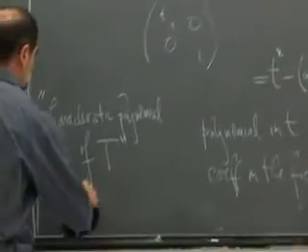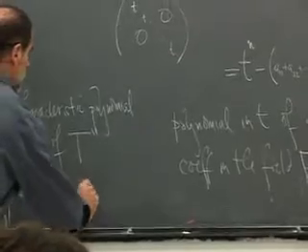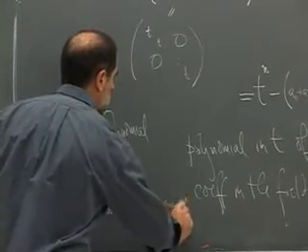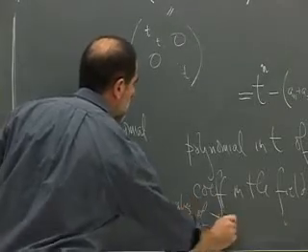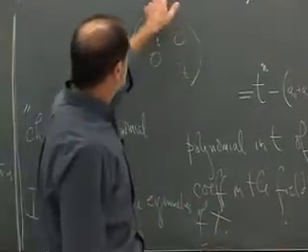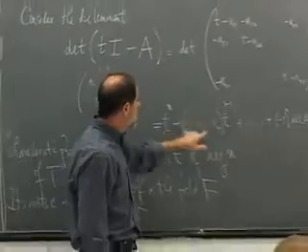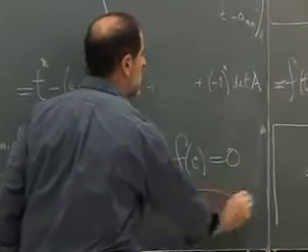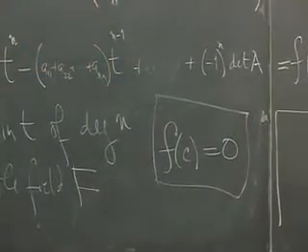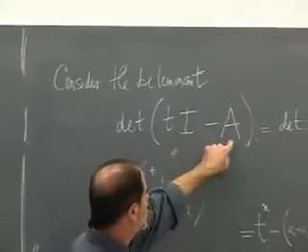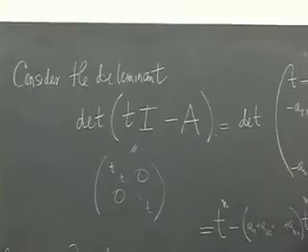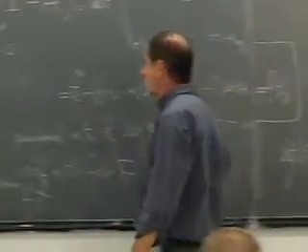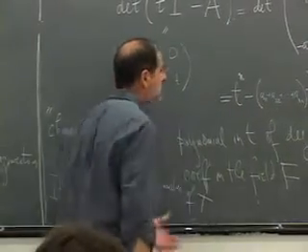Its roots, c, are the eigenvalues of T. Namely, if you find a value c such that when you substitute it into this polynomial you find that f of c is equal to 0, that's what a root of a polynomial means, then that means the determinant of cI minus A was 0, which is exactly what we need to get an eigenvalue. So the possible eigenvalues occur among the roots of f of T.